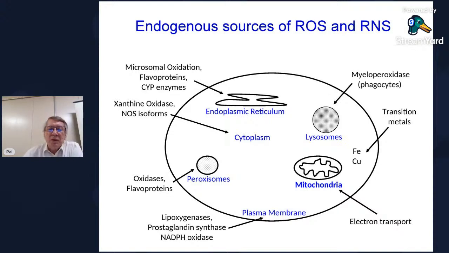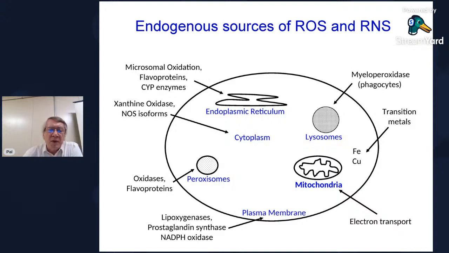Among them, we should mention the mitochondria, the energy power center of the cells, in which oxygen radicals can be formed, and the endoplasmic reticulum, in which enzymes, for example the cytochrome P450 enzymes, can generate oxygen radicals.